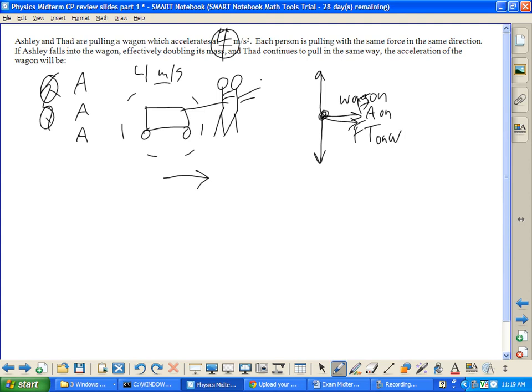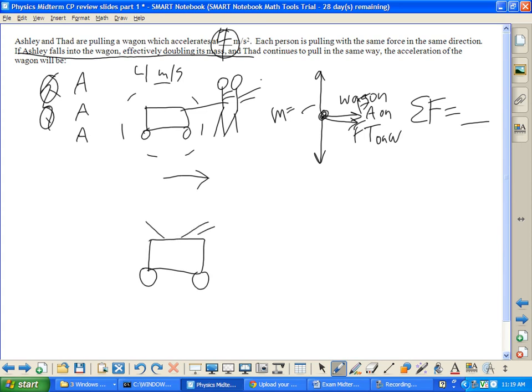If Ashley falls into the wagon, effectively doubling its mass, the sum of the force equals whatever here. So what's changed? Mass. When in doubt, draw a picture.